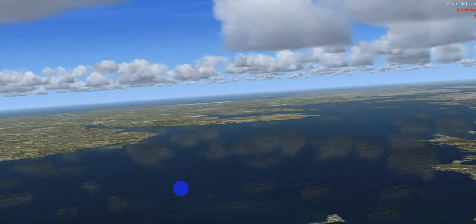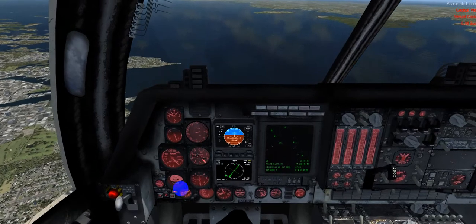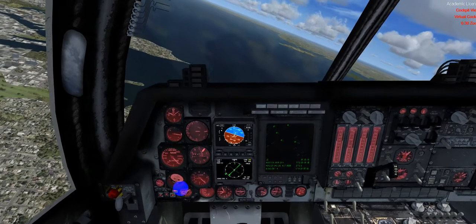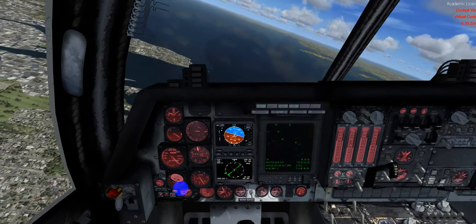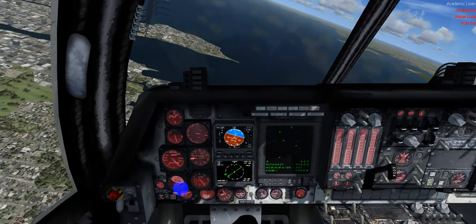Okay, well, now this is a military aircraft, so I was looking for a runway to land on and no luck.